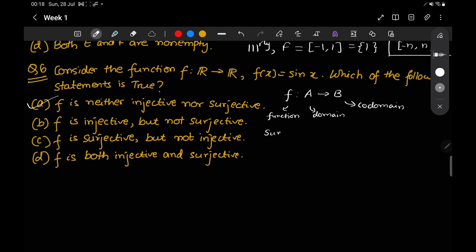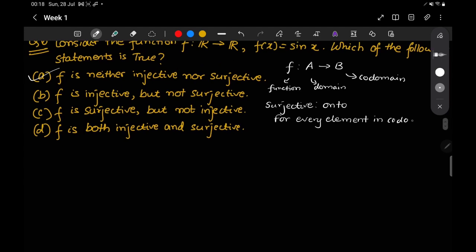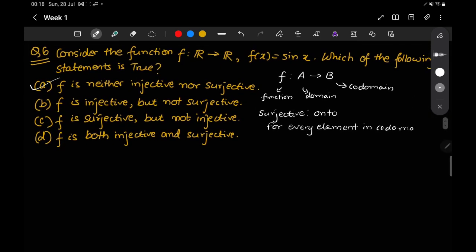And the definition for surjective, which is also known as an onto function, is that for every element in the codomain, there is at least one element in the domain that maps to it.